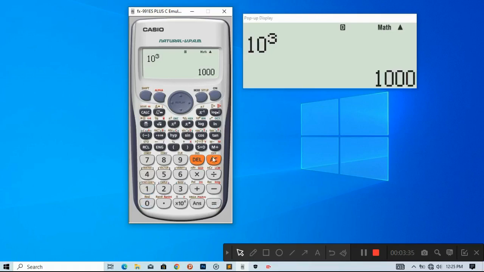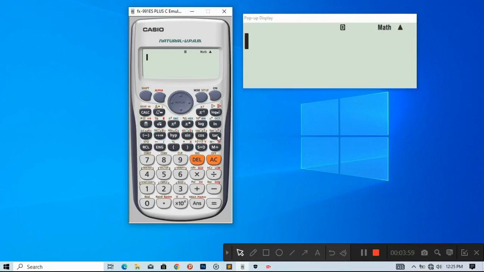For any base raised to any power, punch this button. For example, 6 to the power 5 gives us 7776.